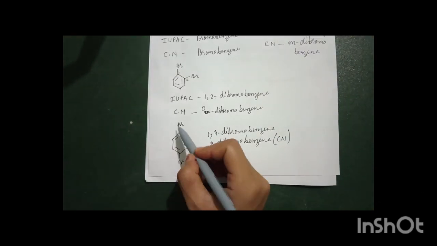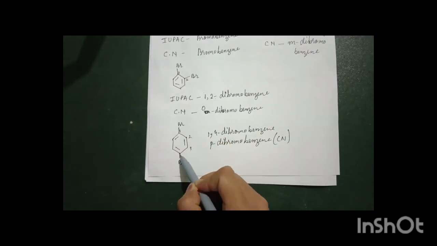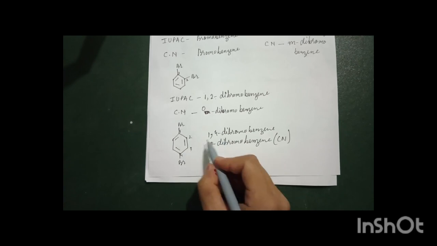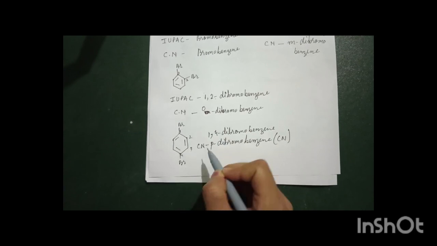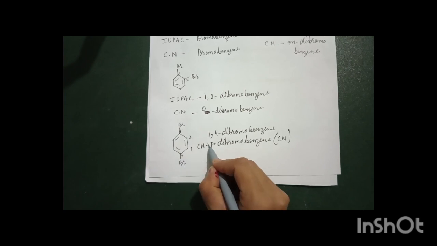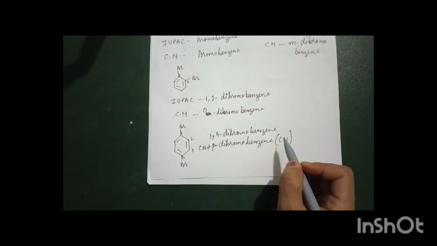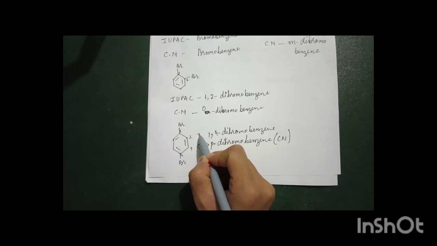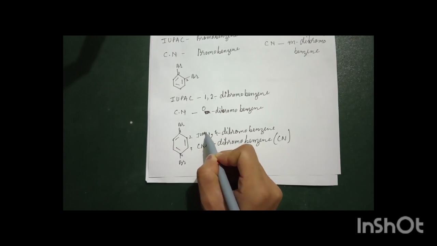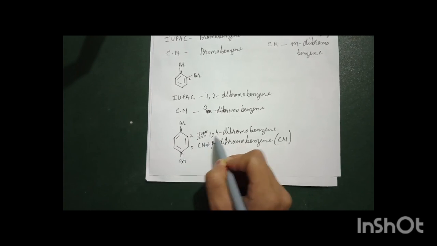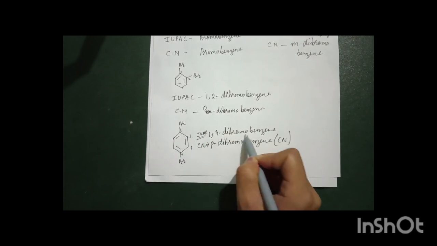In this way, this with respect to this is in the 4th position, so 1, 4 is called para for the common name: para dibromobenzene. And for IUPAC name, it is 1, 4. We will always number it 1, 4 dibromobenzene.